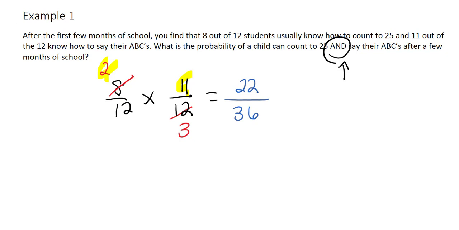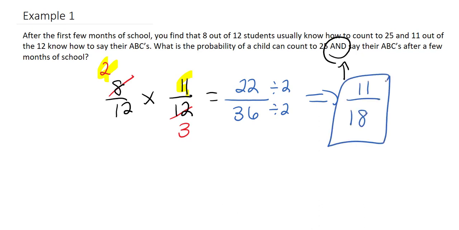So now we have 22 over 36. We can reduce this by dividing by 2 on both the top and bottom, and we get 11 over 18, and that would be the probability that a child can count to 25 and say their ABCs after a few months of school.